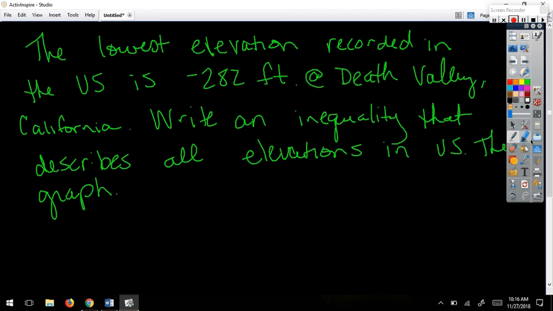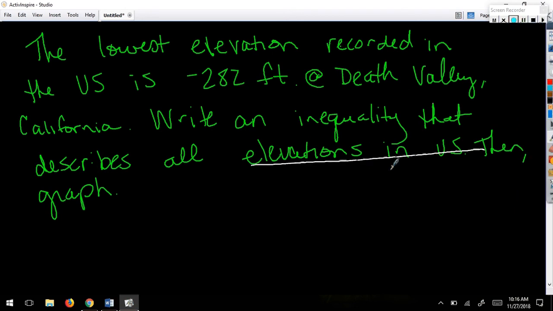Write an inequality that describes all elevations in the U.S. If that's the lowest elevation, all the other elevations have to be higher. We'll let the variable x be elevations in the U.S. So how do you say that x has to be higher than negative 282?